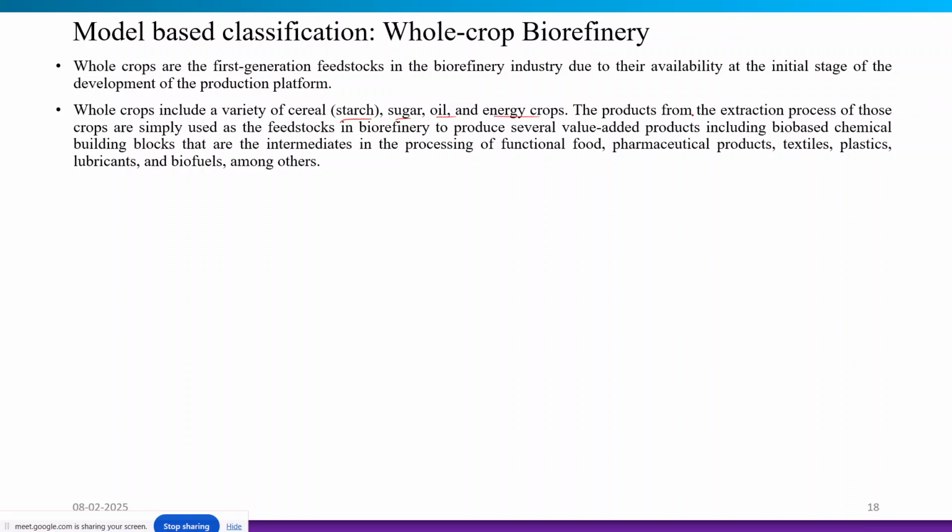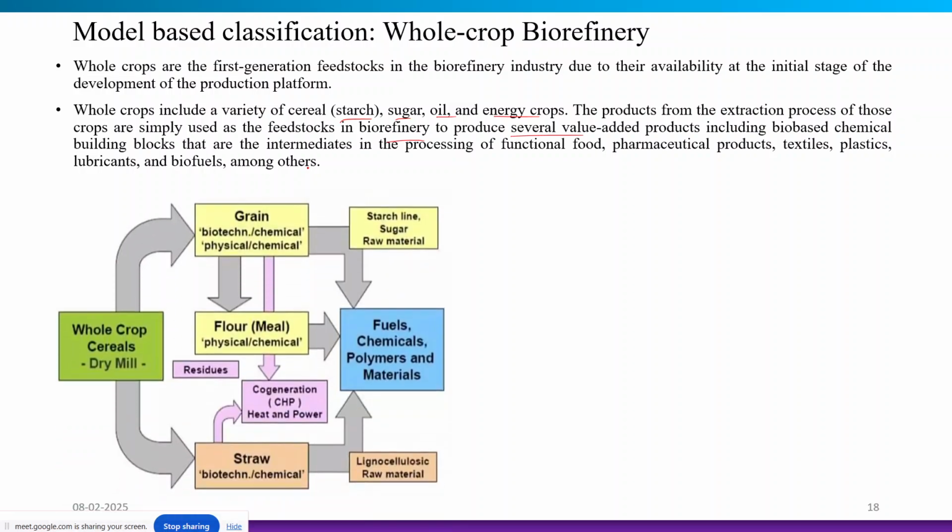The products from the extraction processes of this whole crop are simply used as the feedstock in the biorefinery to produce several value-added products, including different bio-based chemical building blocks that are the intermediates in the processing of functional food, pharmaceutical products, textile, plastic, lubricants, biofuels, and others.